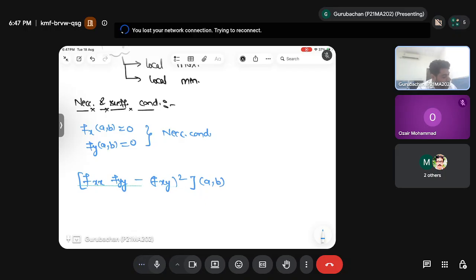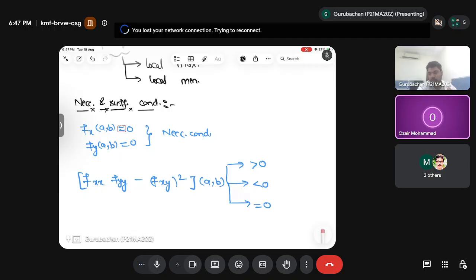So from here, what are the possibilities? We are only interested in the case where this is greater than 0. In that scenario, you need to look at the sign of fxx at (a, b).